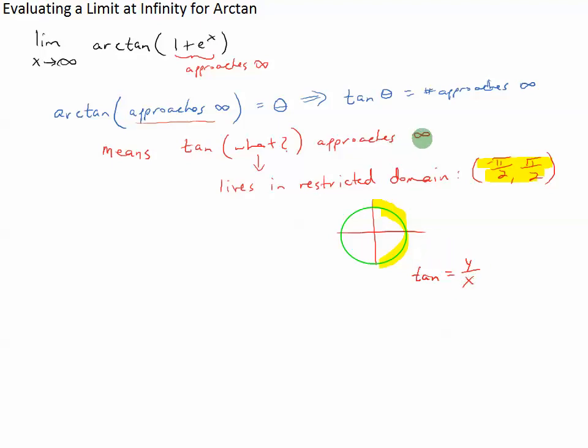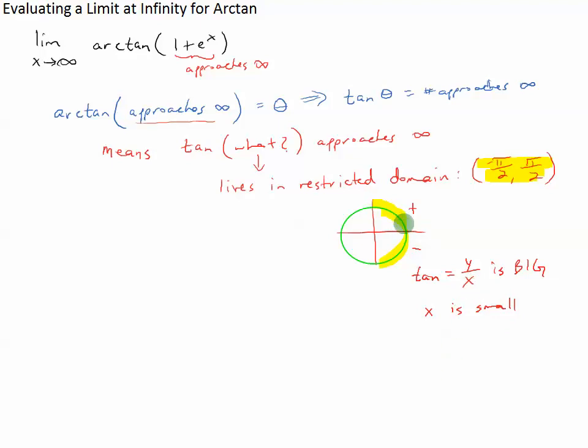We're approaching positive infinity. Well, tangent's positive up here and negative down here, so we're definitely looking at an angle somewhere up here. The tangent of this angle is really big, so y over x is big, which means x has to be getting small, right? x is getting close to 0.